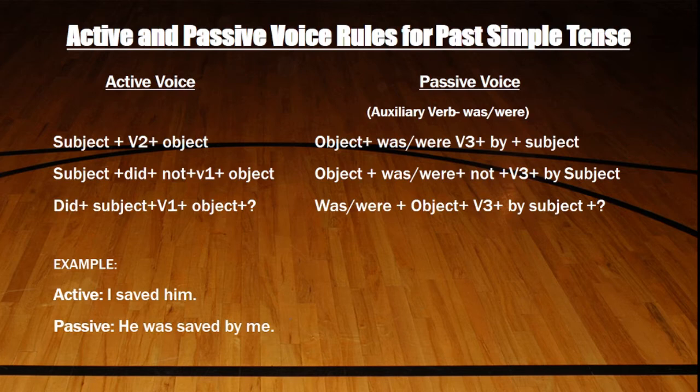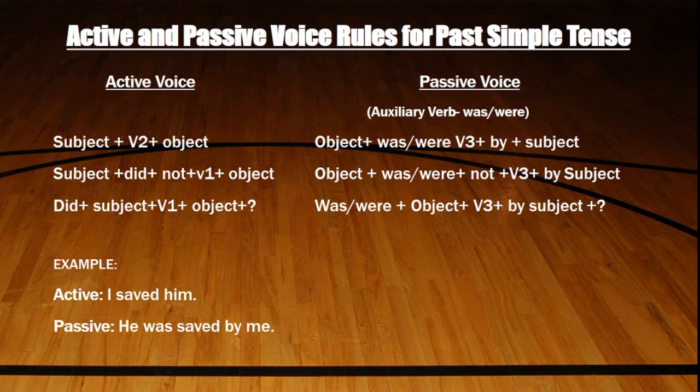Now what happens in the second case? It's like subject plus did plus not, and then you have the first form of the verb followed by the object. Now what happens if you are changing it into a passive voice negative sentence? It's like object plus was or were plus not plus the third form of the verb followed by subject.